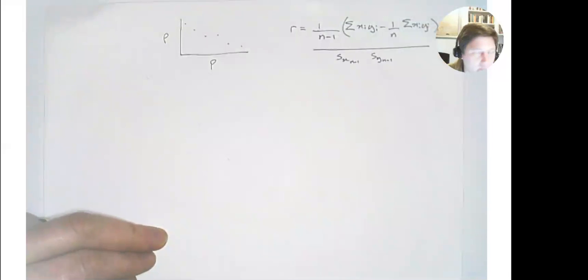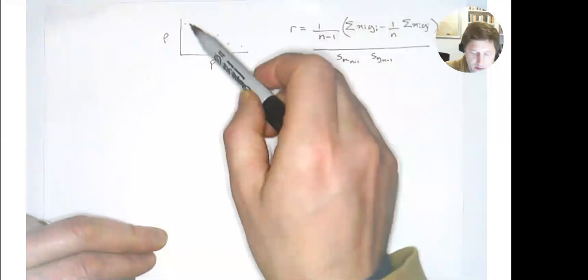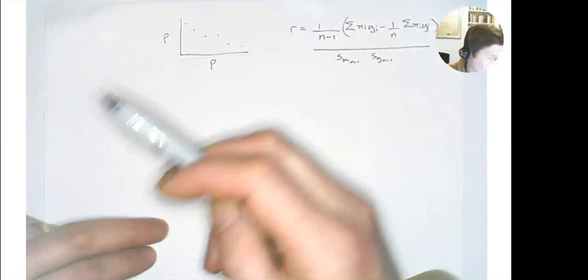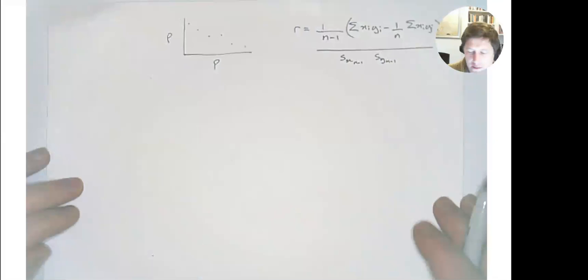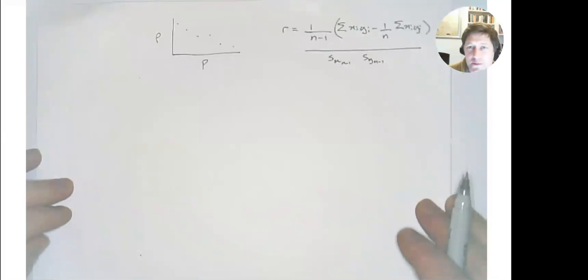That's what you're familiar with. That's a number between -1 and 1, and tells us about the nature of the correlation. But it doesn't tell us whether or not there is a correlation in any statistical sense.